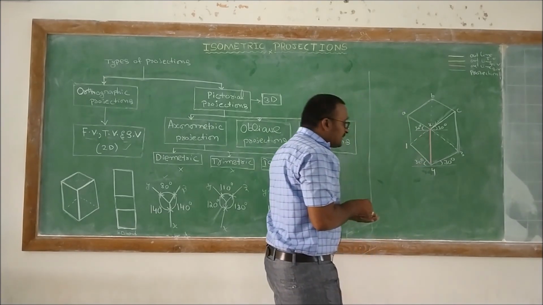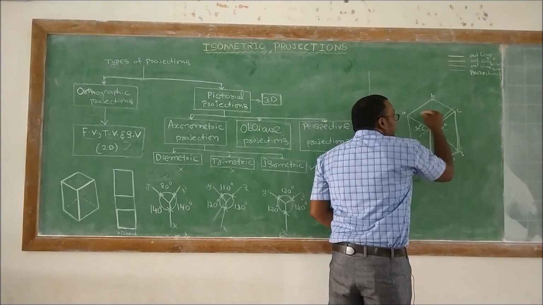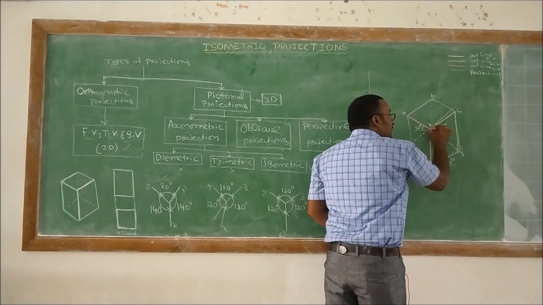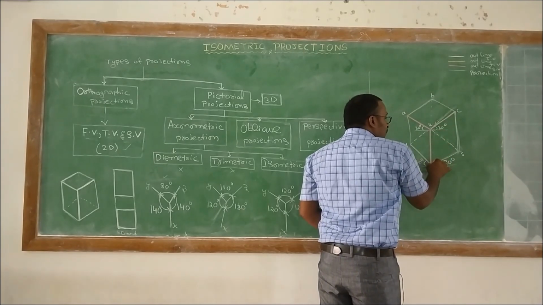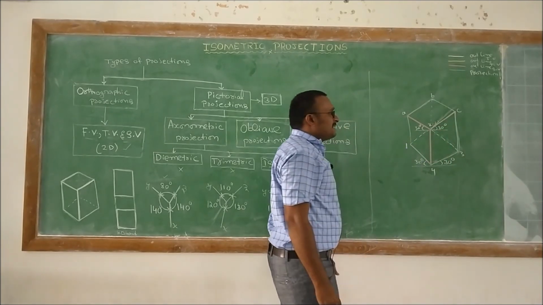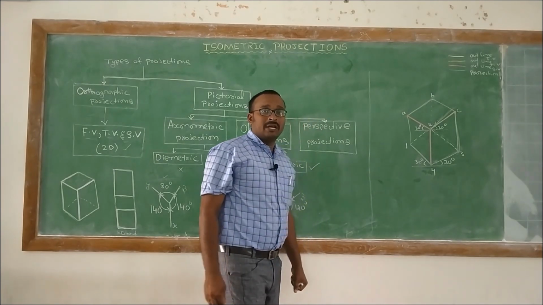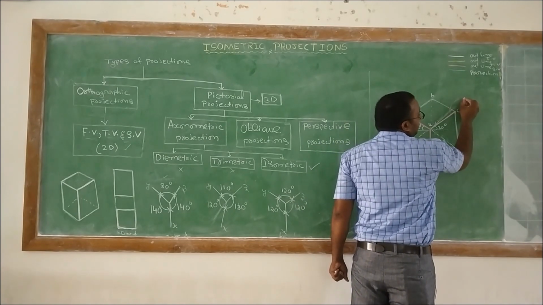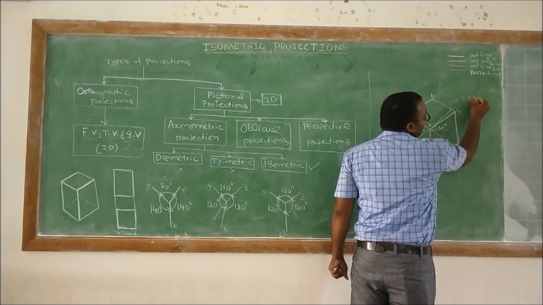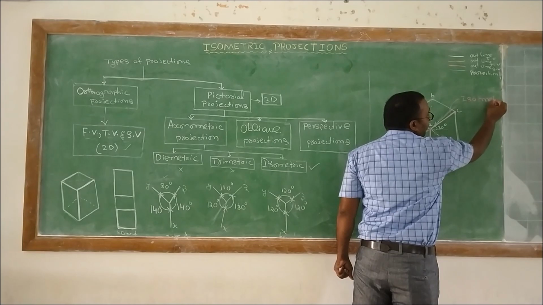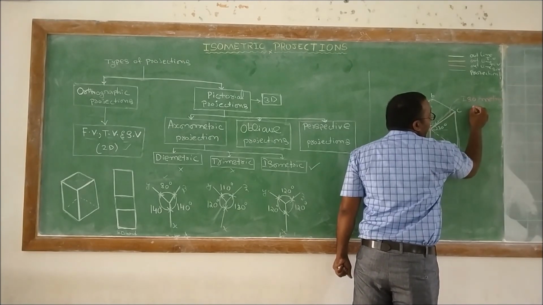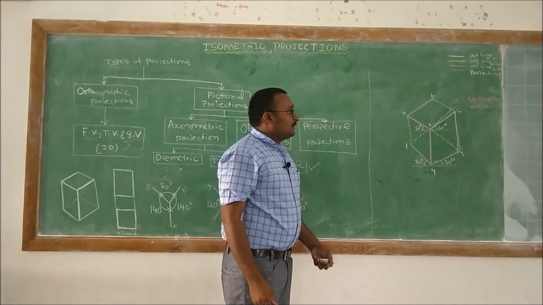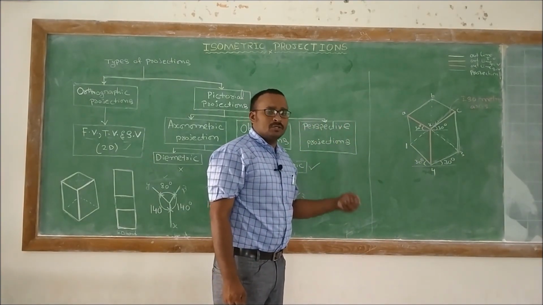Here these three lines, AD, CD and D4, are called isometric axes. These lengths may be reduced lengths, right?